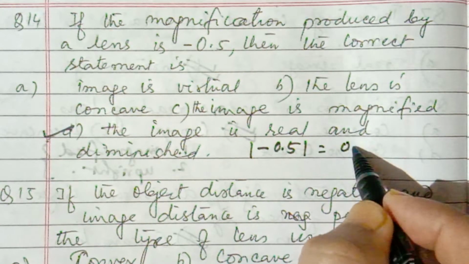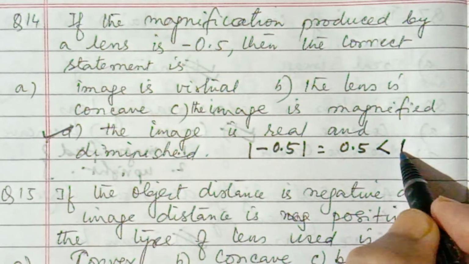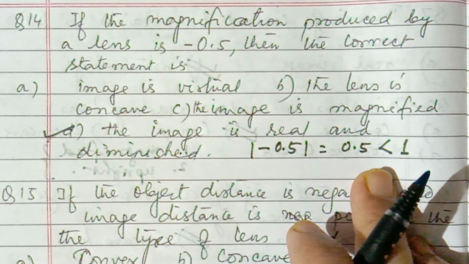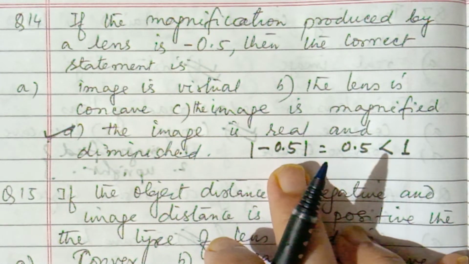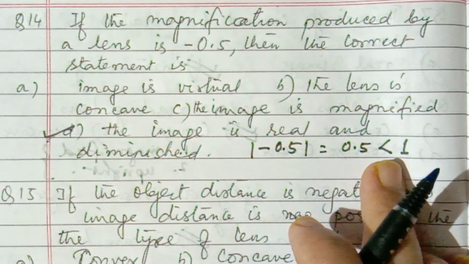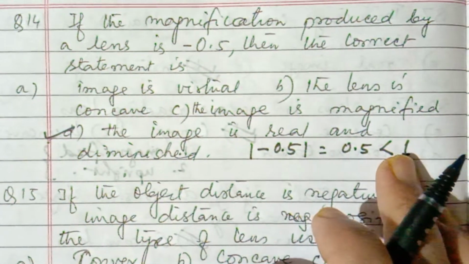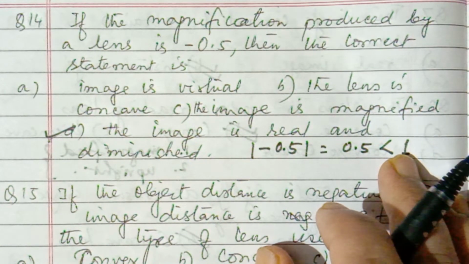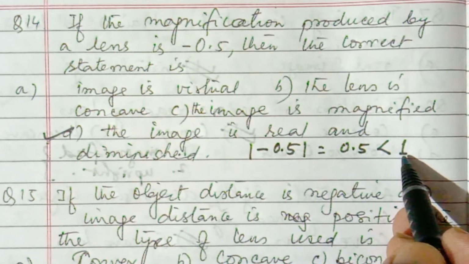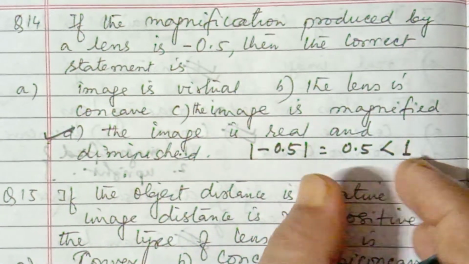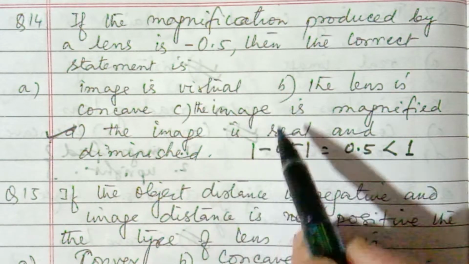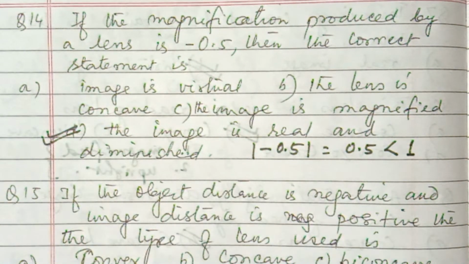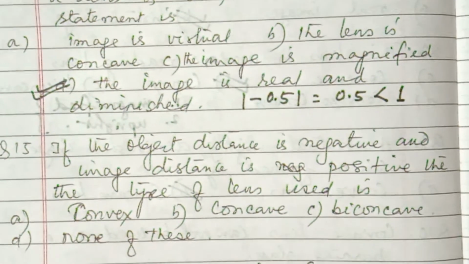Magnitude is taken without sign, so it is less than 1. If the absolute value of magnification is less than 1, then it is diminished. If it is equal to 1, same size. If it is more than 1, then magnified. Here it is less than 1, so it is diminished, and the negative sign indicates that the image is real. So this option is correct. Next question.